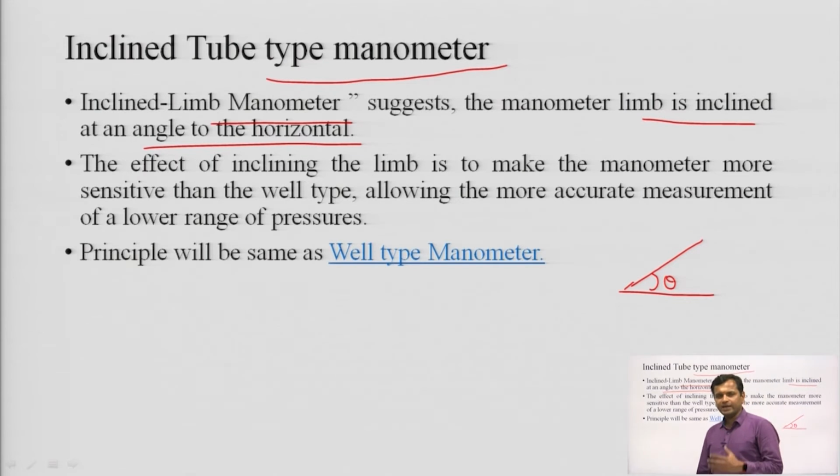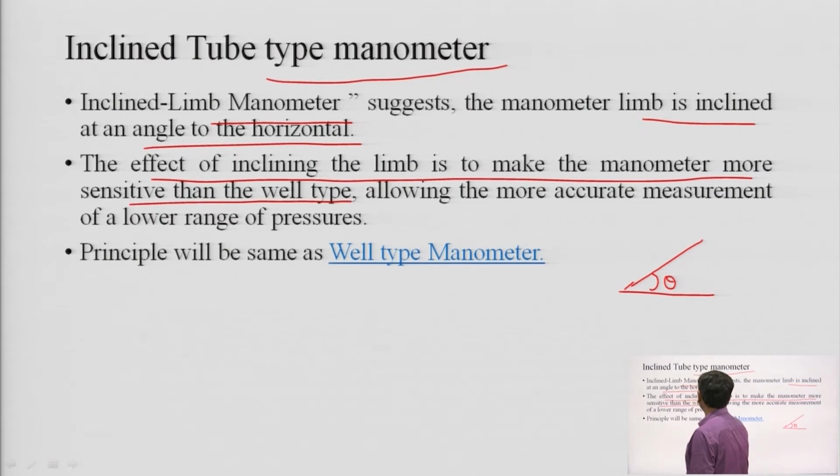The basic working is the same as the Well type manometer. The effect of inclining the limb is to make the manometer more sensitive than the Well type. So, the sensitivity of the Well type manometer is less as compared to the inclined type manometer.